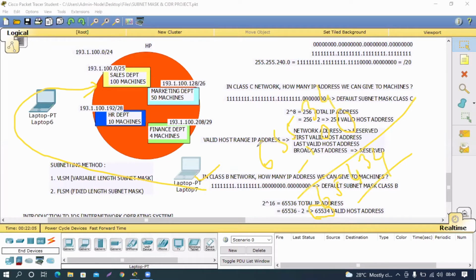When you are calculating the valid host addresses, always subtract the network and broadcast. So you can see the addresses are getting wasted a little bit more over here, because earlier in class C we were wasting only 154 IP addresses. Right now the wastage is more.